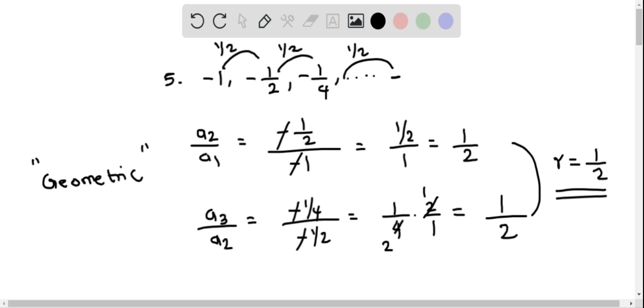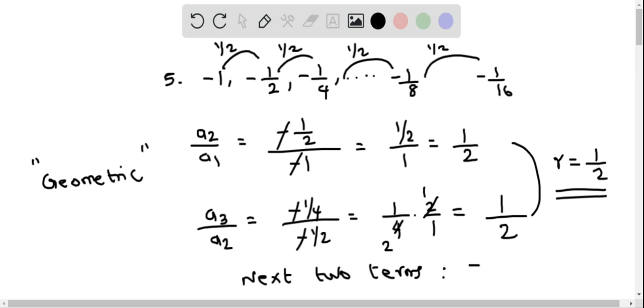We get negative 1 by 8, and then we multiply this negative 1 by 8 with 1 by 2, we get negative 1 by 16. So therefore the next two terms of this geometric sequence are negative 1 by 8 comma negative 1 by 16.